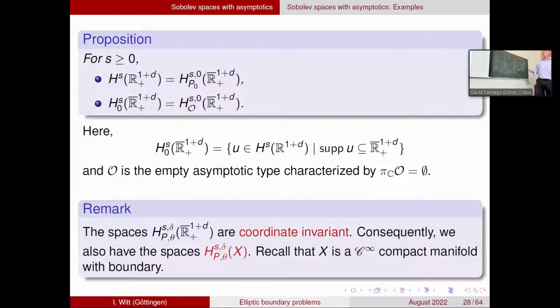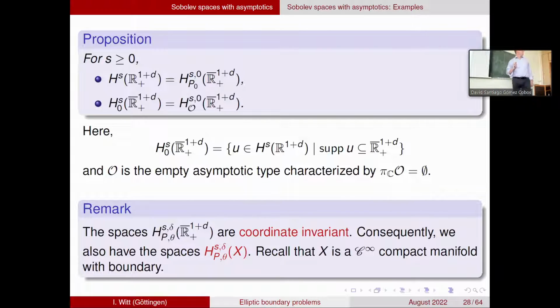The definition looks a little bit complicated, but this is actually what it is. Moreover, I had a third condition in defining these asymptotic types that I did not discuss, and this third condition just produces coordinate invariance, and then we also have the spaces on manifolds with boundary, say compact. Okay? So, fine.